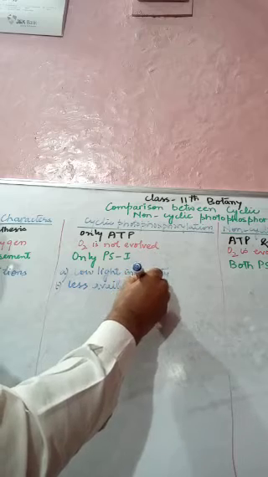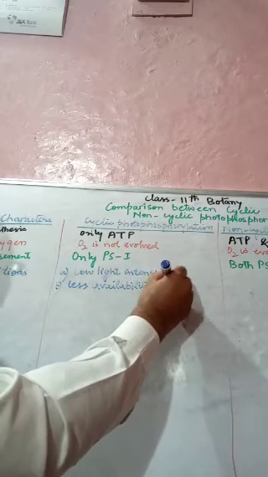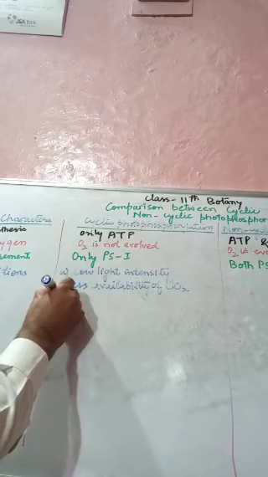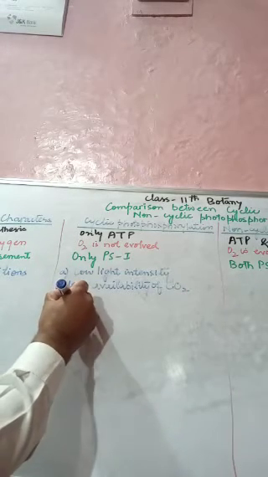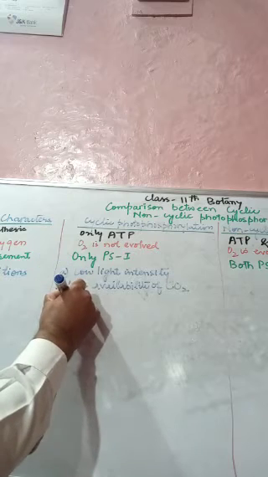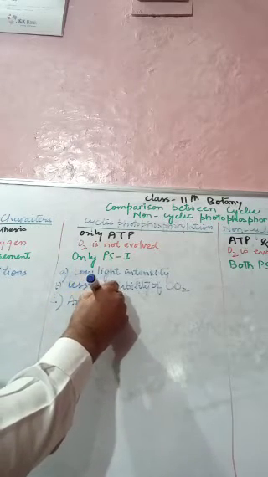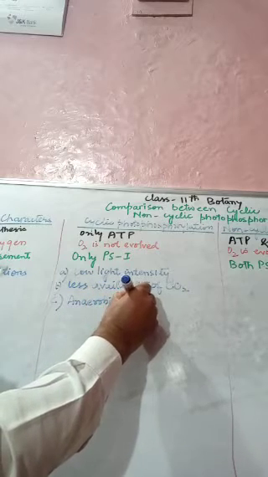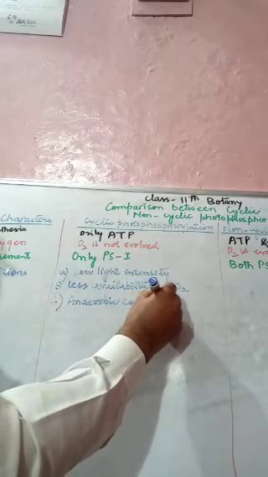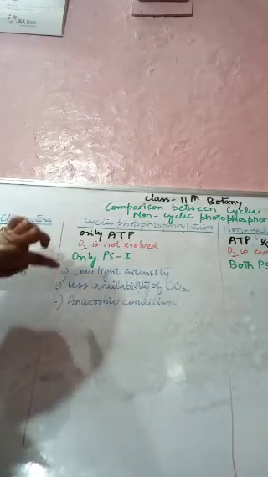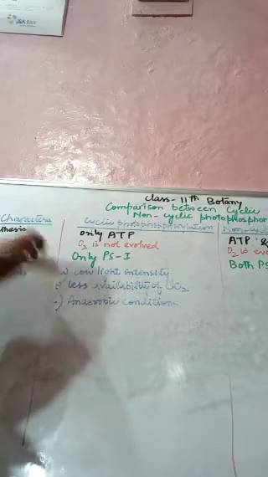And one more: it takes place under anaerobic conditions. So these are the three main conditions under which cyclic photophosphorylation takes place: low light intensity, less availability of carbon dioxide, and anaerobic condition.